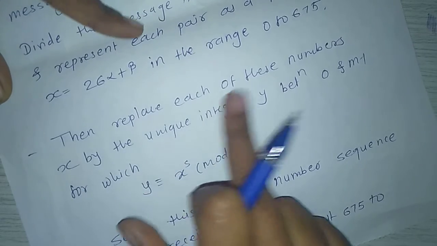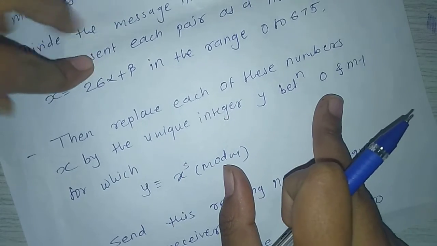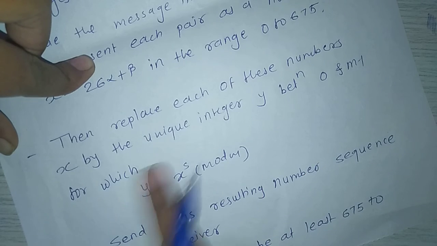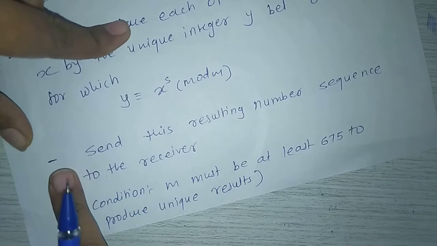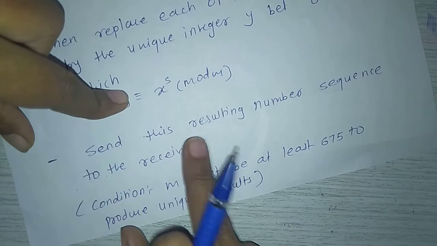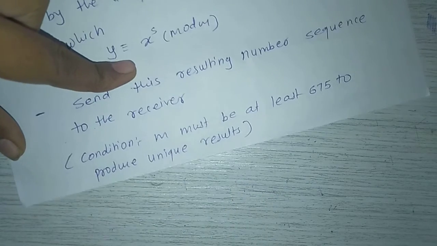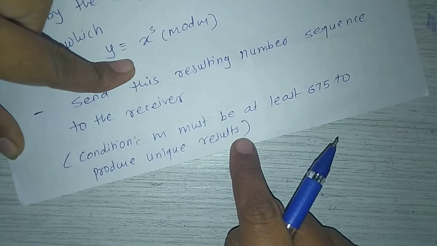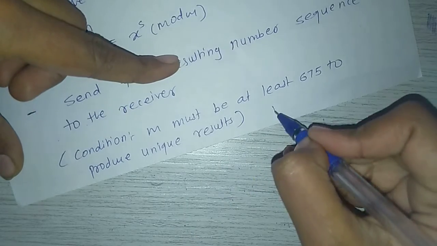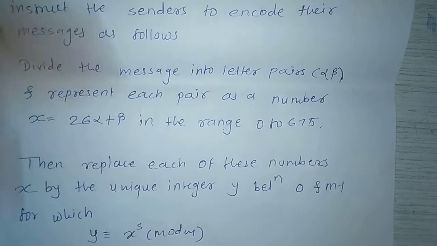Then replace each of these numbers x by the unique integer y between 0 and M minus 1, for which y equal to x raised to S modulo M. Next, send this resulting number sequence to the receiver. Condition: M must be at least 675 to produce unique results. That means M is greater than or equal to 675. Next example.